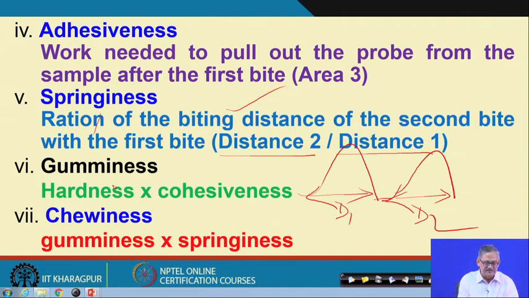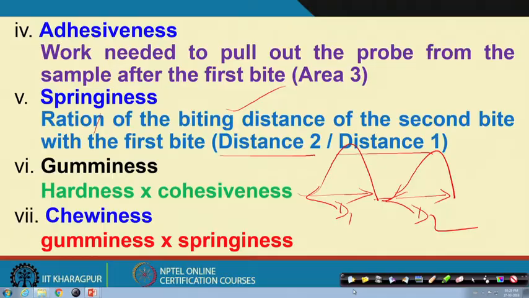Then gumminess. Gumminess is the product of hardness and cohesiveness. Chewiness is also a product of already measured parameters: gumminess times springiness is the chewiness.